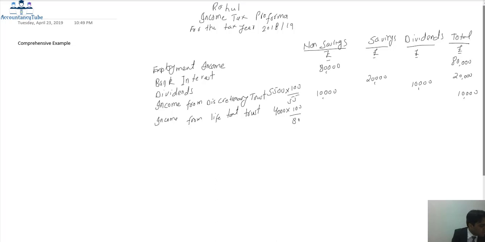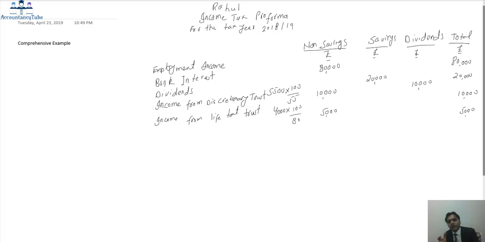And it says in the question that it is paid out of the non-savings income, so it will go into the non-savings column. So £5,000 goes into the non-savings column, and that would go into the total as well.